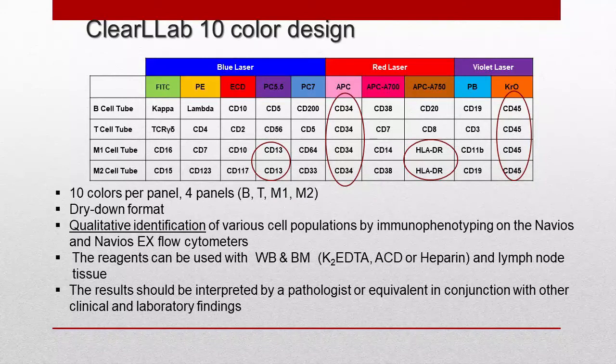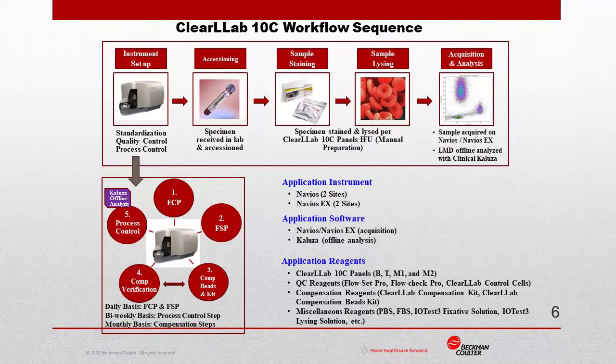There's a compensation kit, which involves using beads, and the compensation is verified using an actual quality control process that Beckman Coulter has developed, which is one of the newer things developed for this ClearLab 10-color system. It is a set of control cells that have standardized values and ranges, so that there is a 10-color quality control product for this system.